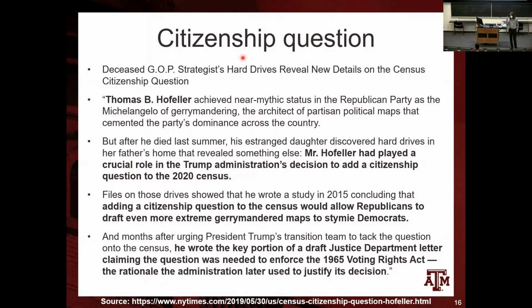The American Community Survey has a question about citizenship status. It asks if the person is born in the US or is an American citizen, whether the person is a naturalized citizen, and whether the person is not a citizen of the US.